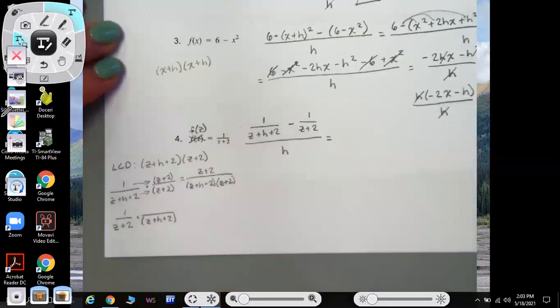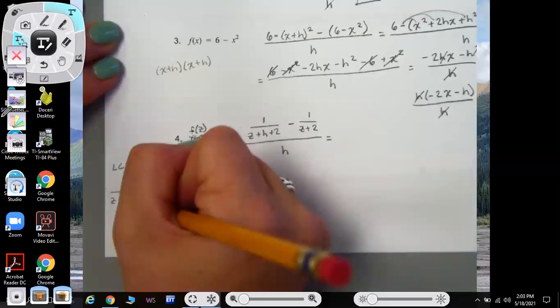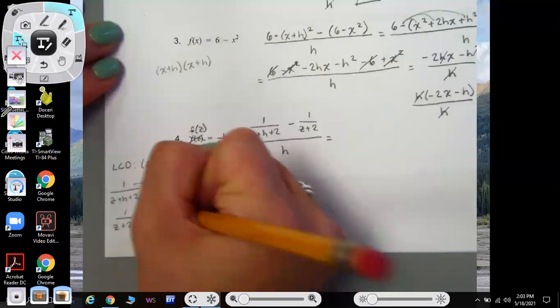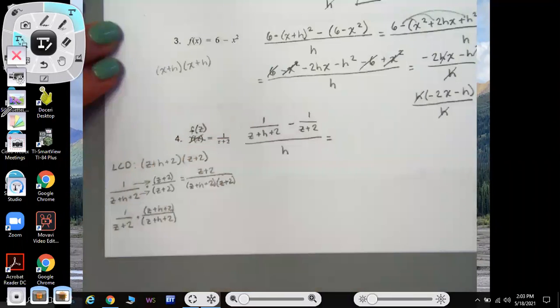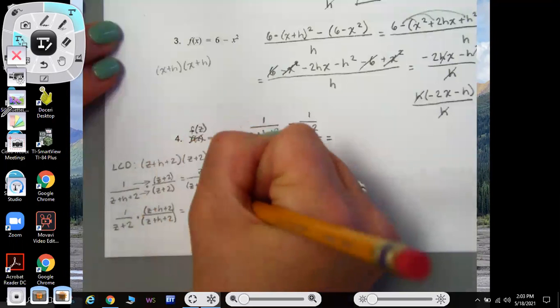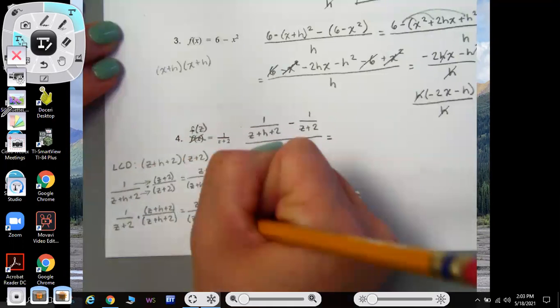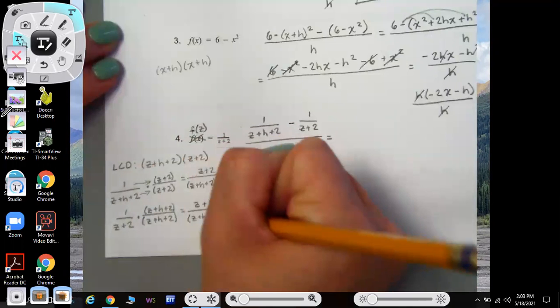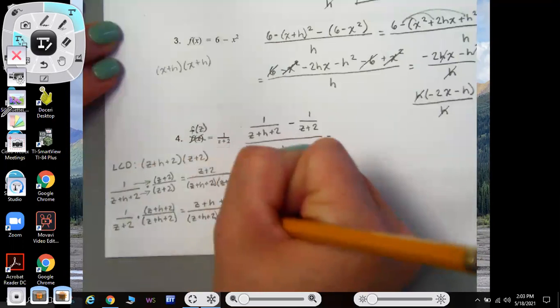And if we multiply by that in the denominator, we have to multiply by that in the numerator as well. So we get z plus h plus 2 over our least common denominator, z plus h plus 2 times z plus 2.